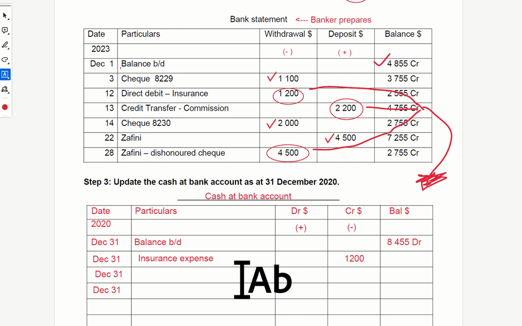Now we calculate our balance column: 8,455 credit or minus 1,002 gives you 7,255 debit. So there you go, I have updated my first item.